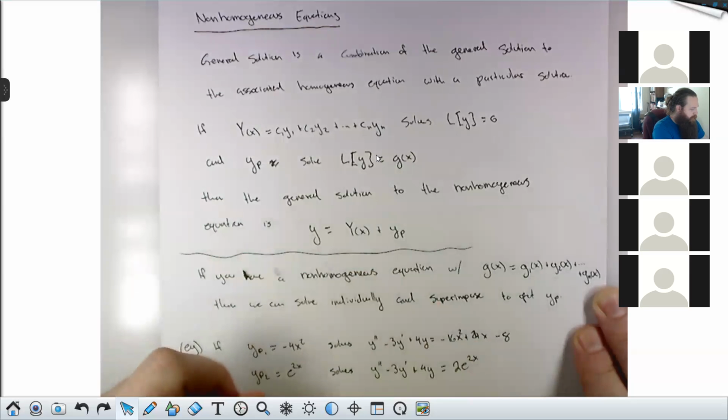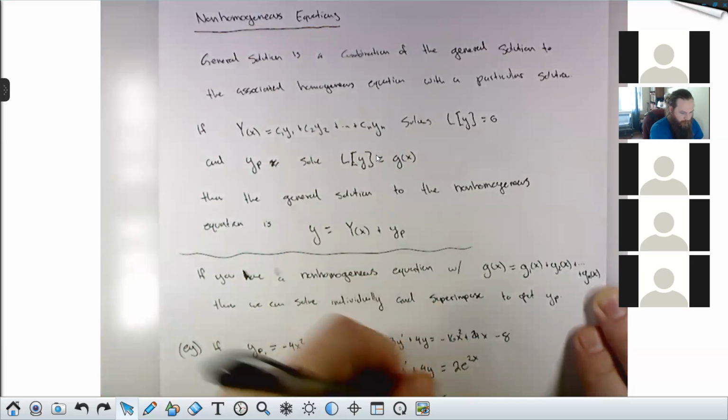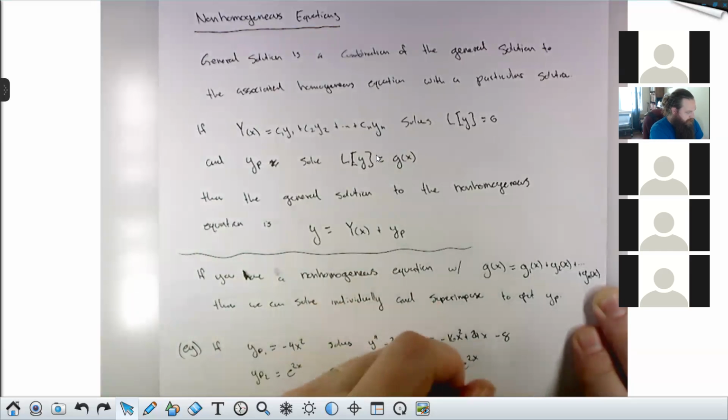And yp3 is x e to the x. It solves y prime prime minus 3y prime plus 4y equals 2x e to the x minus e to the x.